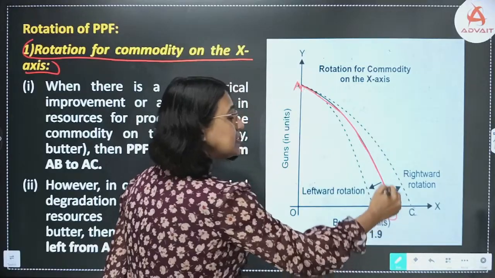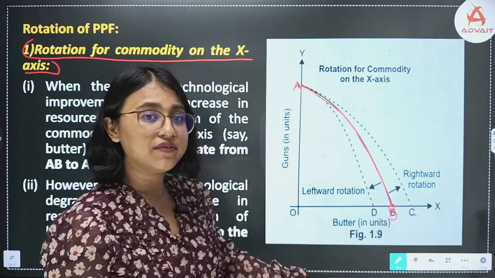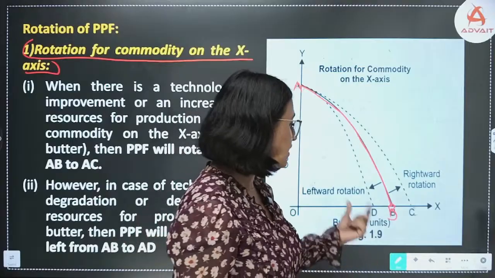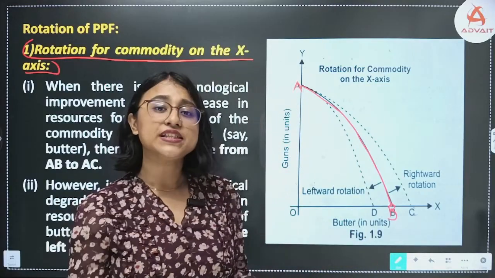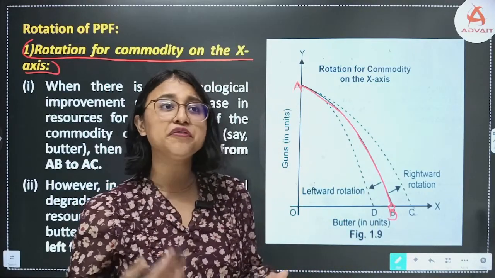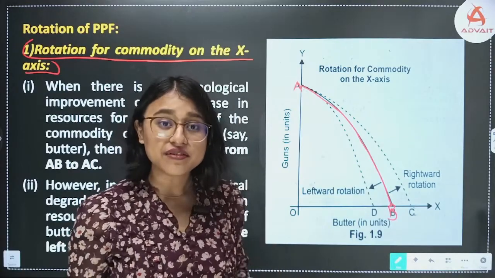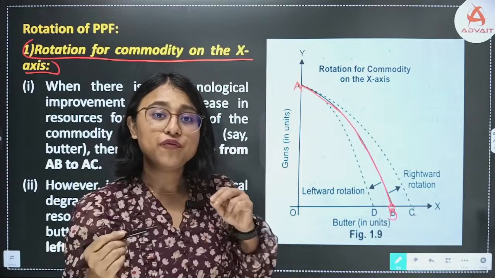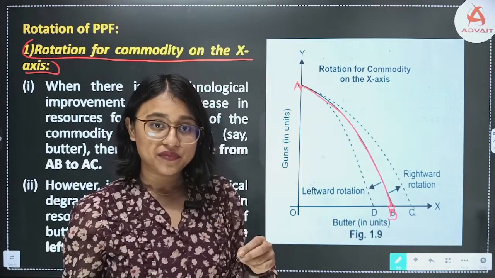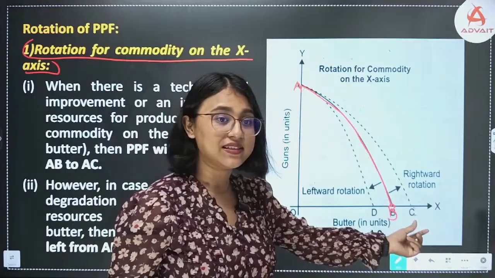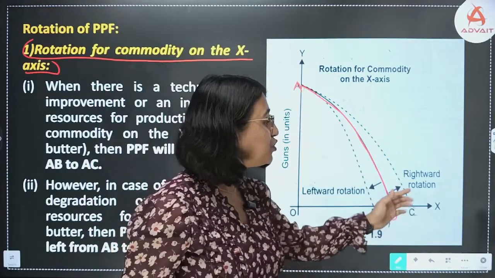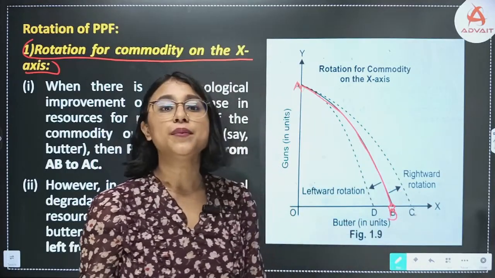Now let us suppose that for the good that we are taking on the x-axis, that is butter, tar kane productive capacity badhi goise. There is increase in resources, there is improvement in technology. As a result, the PPF will rotate along the x-axis from AB towards the right to AC.